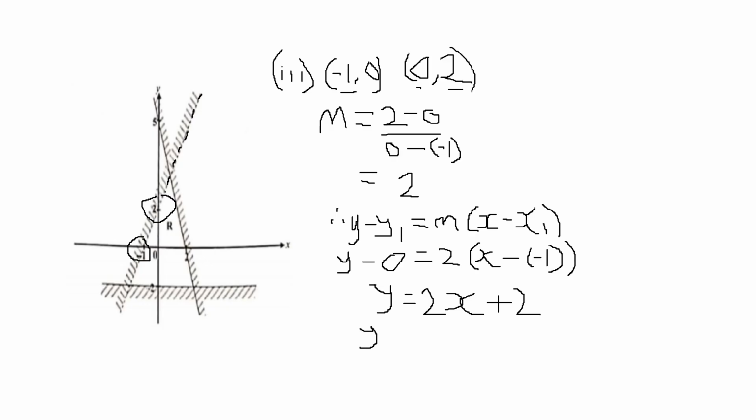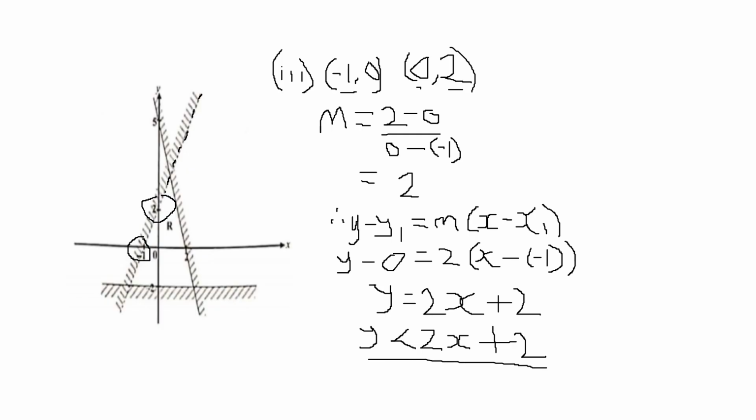The unshaded part, the down part of that line, means that's where y is less. So y is less than 2x plus 2. Okay, this is our third inequality.